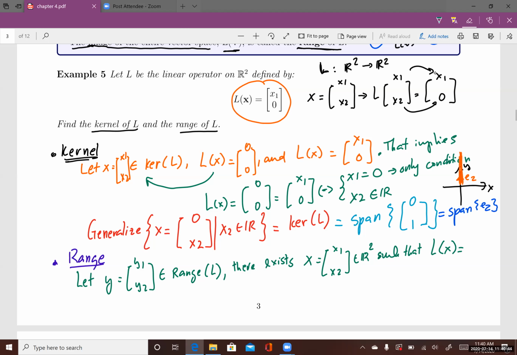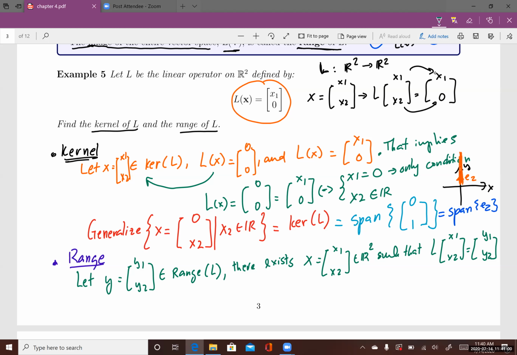So I can rewrite x as x1, x2. So that's one thing that we know.